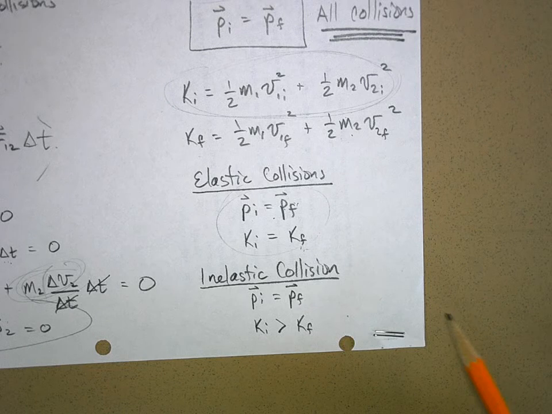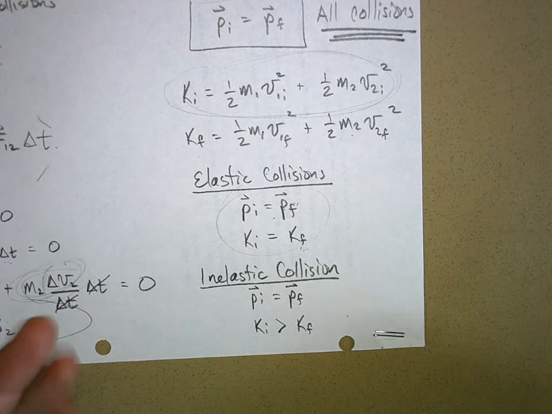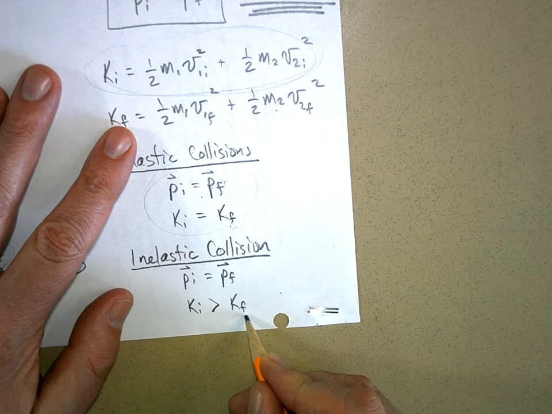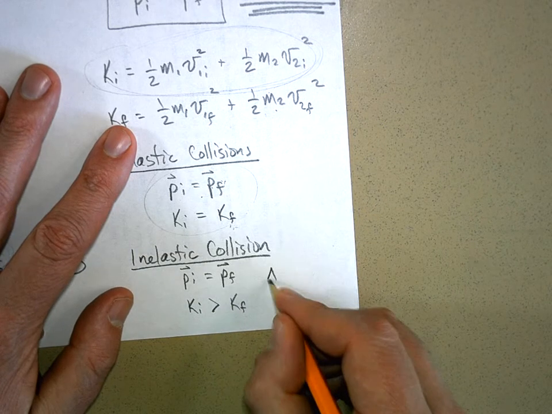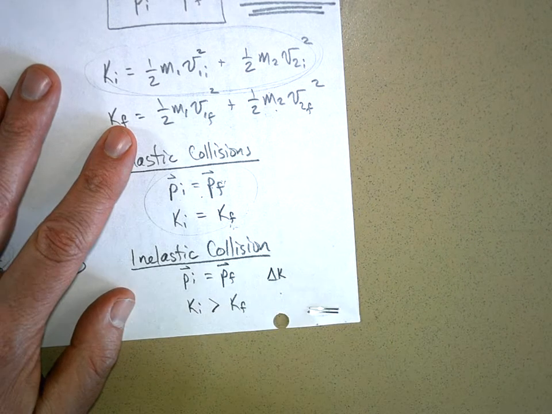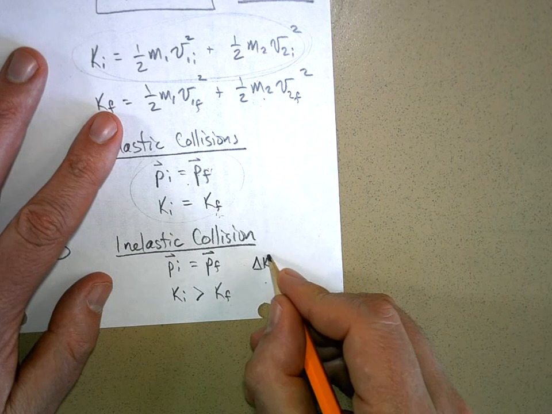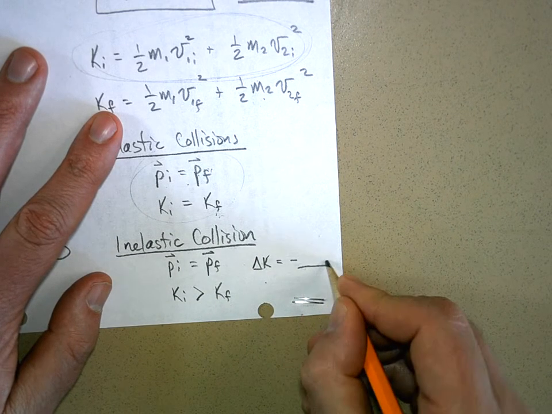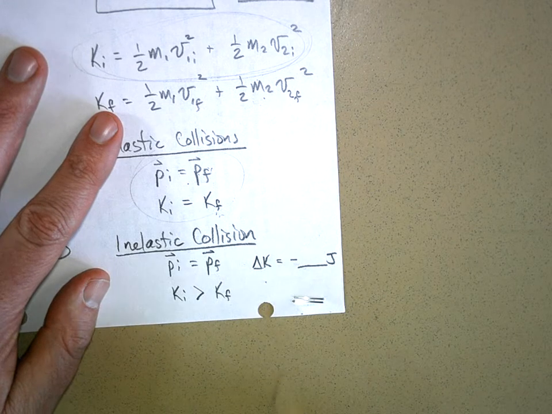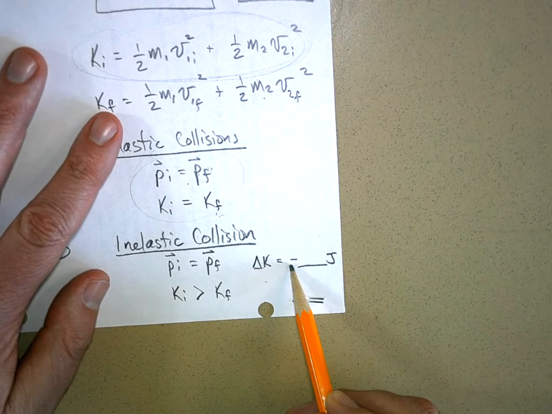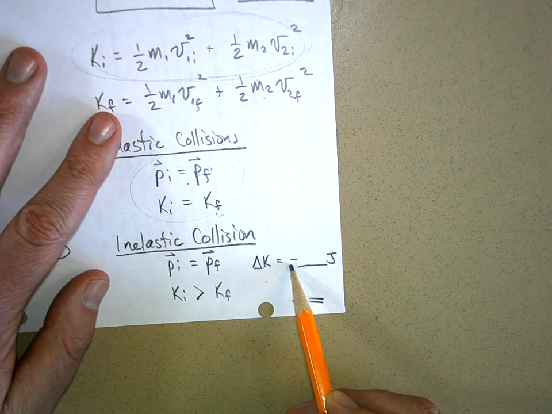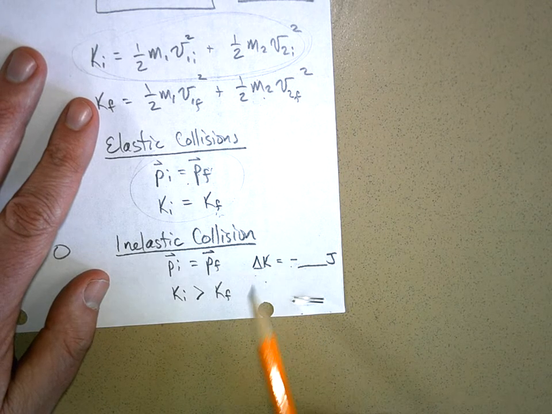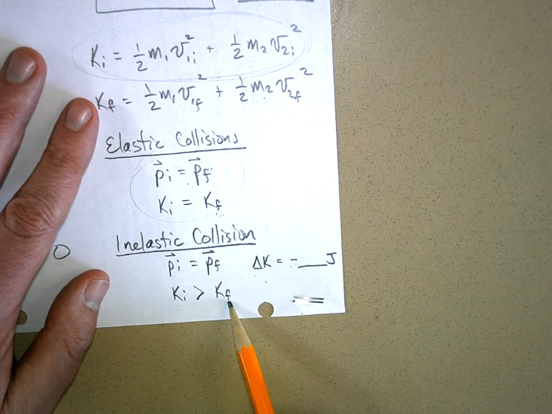But I do want you to know, hey, what is your change in kinetic energy going to be? K final is going to be less than K initial, so what's true about delta K? What's delta K going to be equal to? Some number of joules, right? But it's going to be negative. Why negative? Because what is delta? It's the final minus the initial.